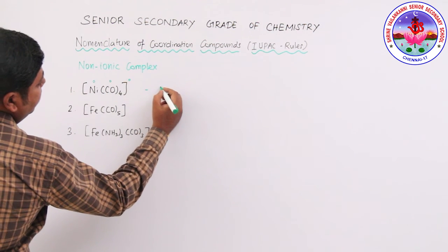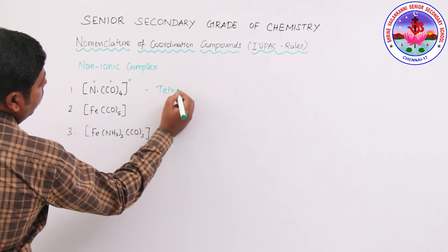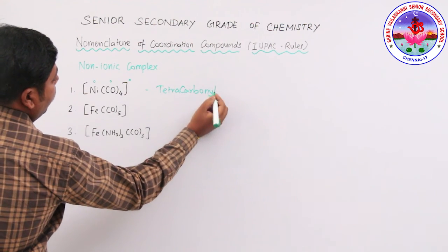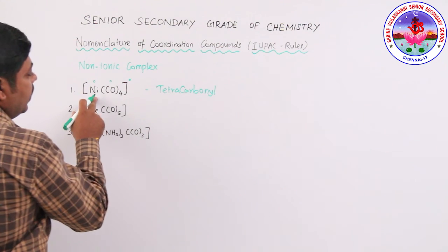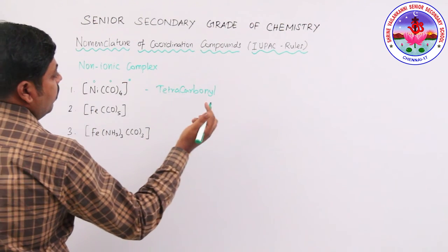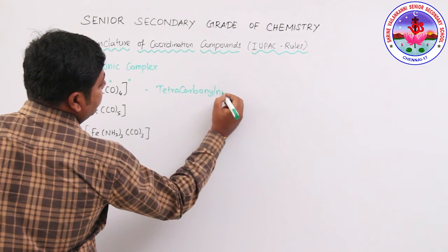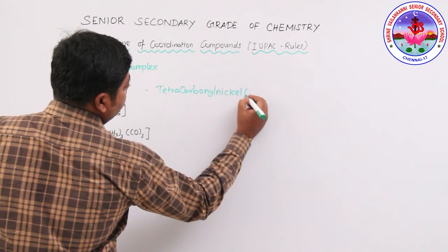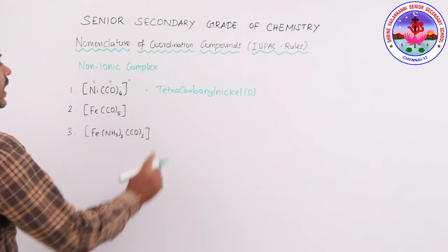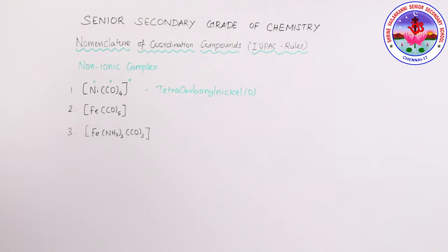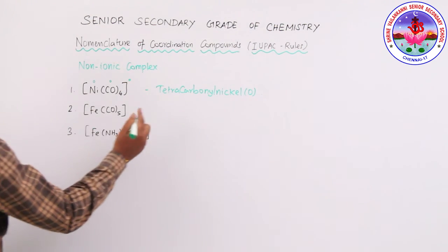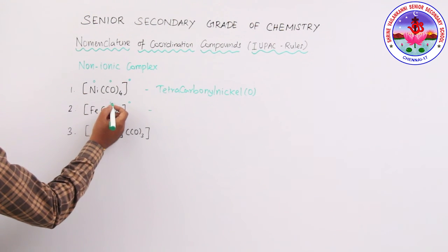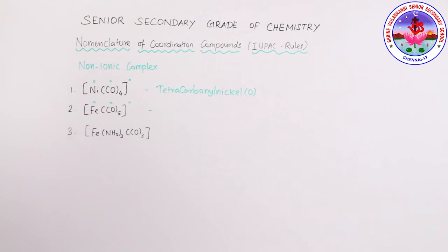For example, this is 4 carbonyl, so tetracarbonyl nickel. Here you should not write nickelate or anything else, just end with nickel. The oxidation state is 0, so mention 0 here: tetracarbonyl nickel(0). Then this is also the same way: carbonyl is 0 and iron is also 0.